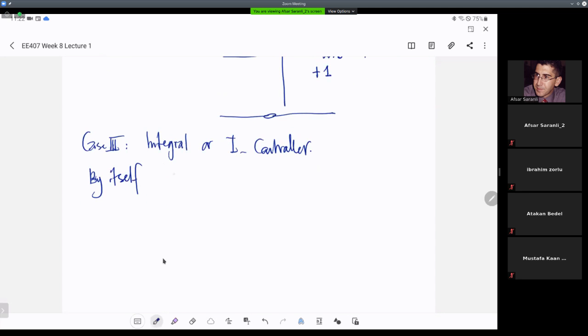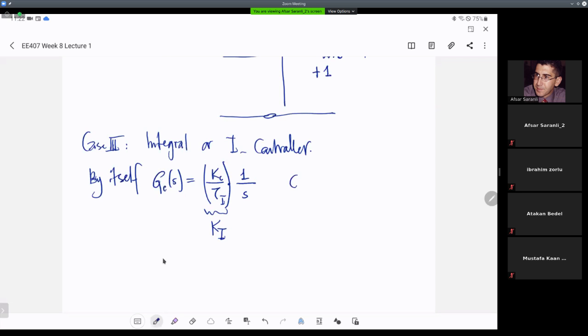By itself it looks like this. Our Gc of S in this case is Kc over tau I times 1 over S. This Kc doesn't mean anything by itself because we don't have a proportional mode, but let's consider that Ki, the integral gain, is a combination of Kc and tau I. It will become more meaningful when we combine it with the proportional gain in a minute.